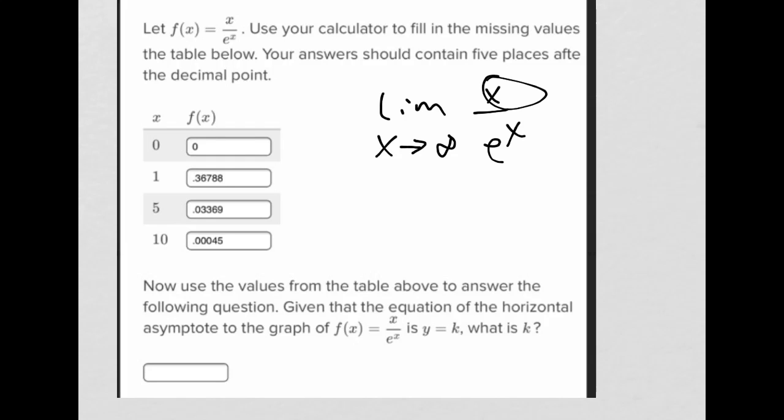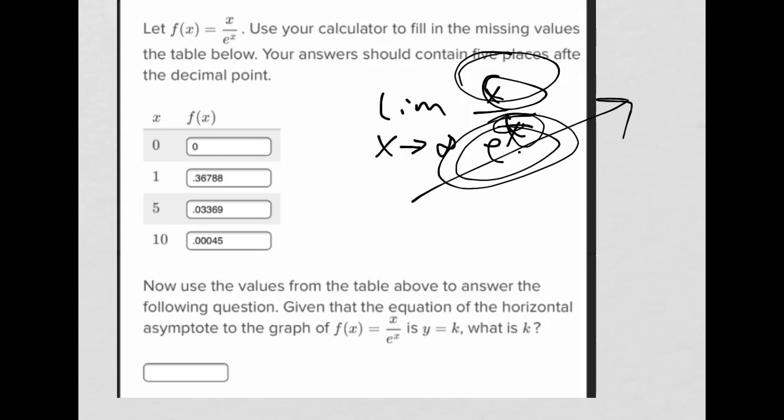So if the top part is just approaching infinity, and the bottom part's exponent is approaching infinity, the bottom part is going to grow so much faster. The bottom part is going to grow exponentially, by definition. It's going to grow so fast that it dwarfs the top part.